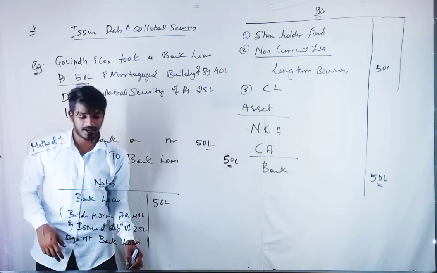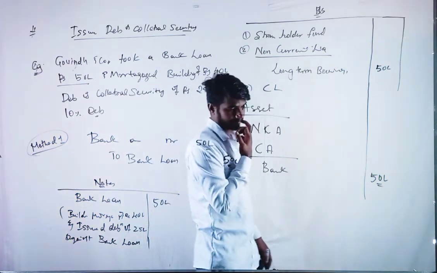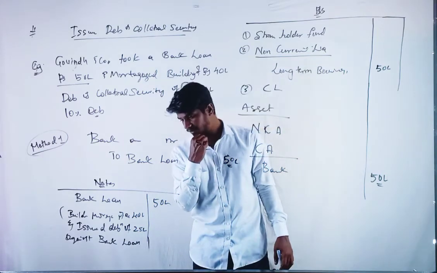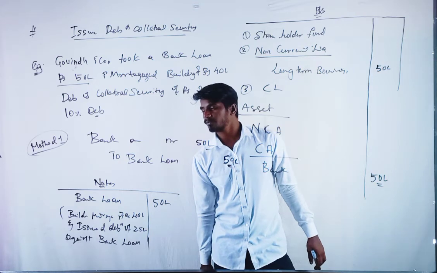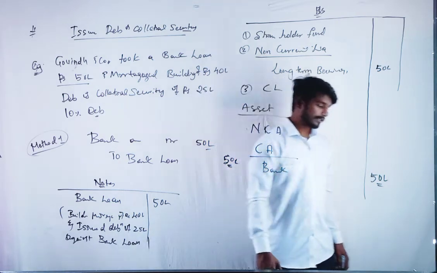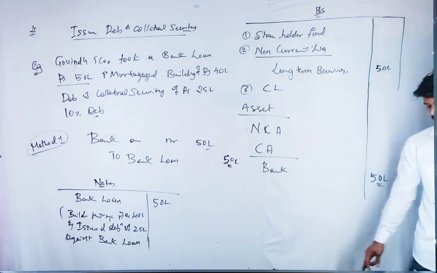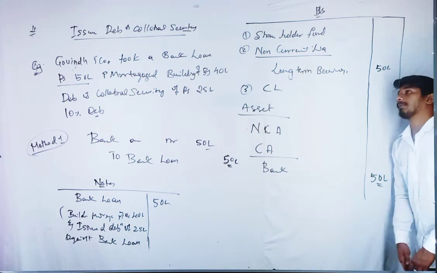Is that visible? Okay, like this we will describe it in the notes to accounts. This is done. You can take it down. We'll move on to the next example.